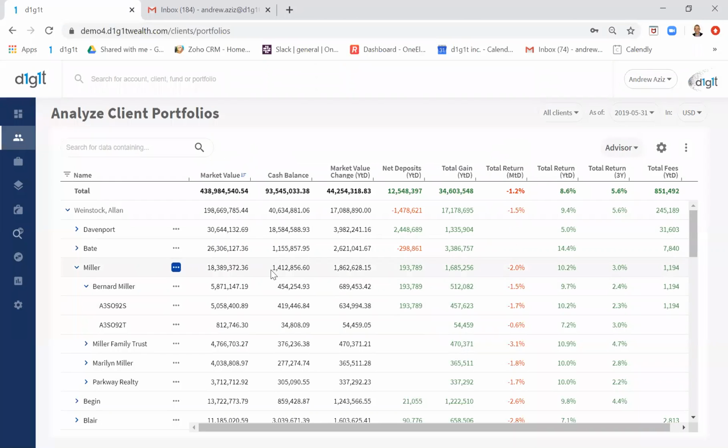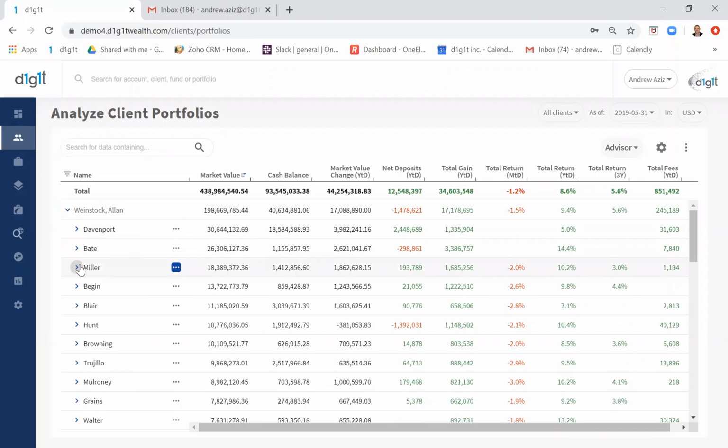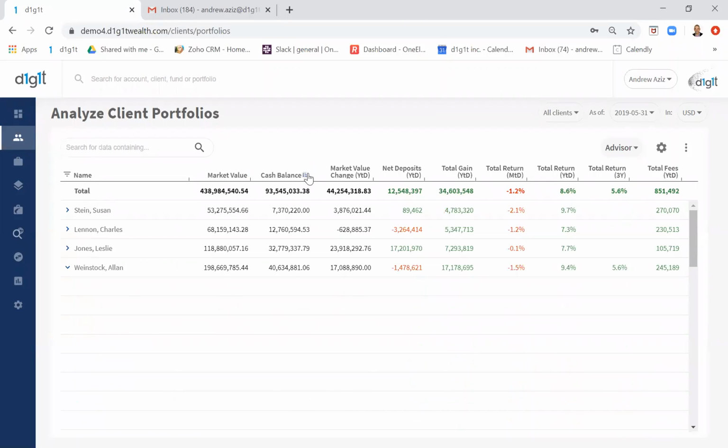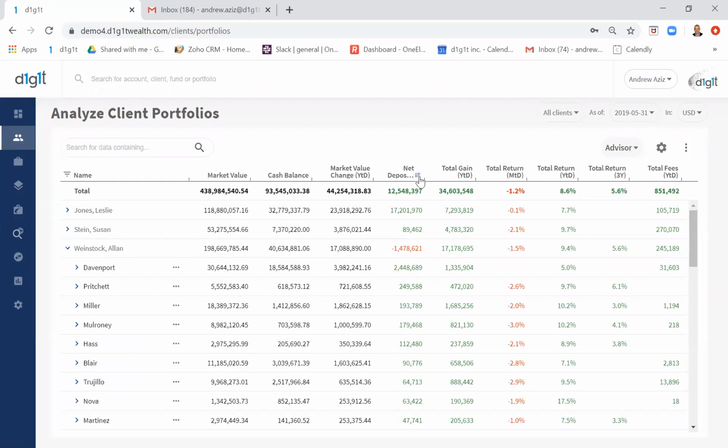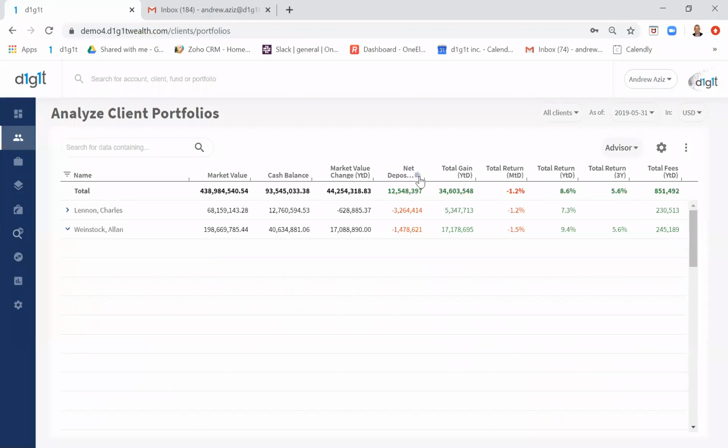So in this particular report again, I may be interested in which households under Alan Weinstock have the highest market value, or who might have the greatest cash balance, because I might have a new investment idea. I may want to know who is increasing their net deposits into the firm, or who's taking money out.